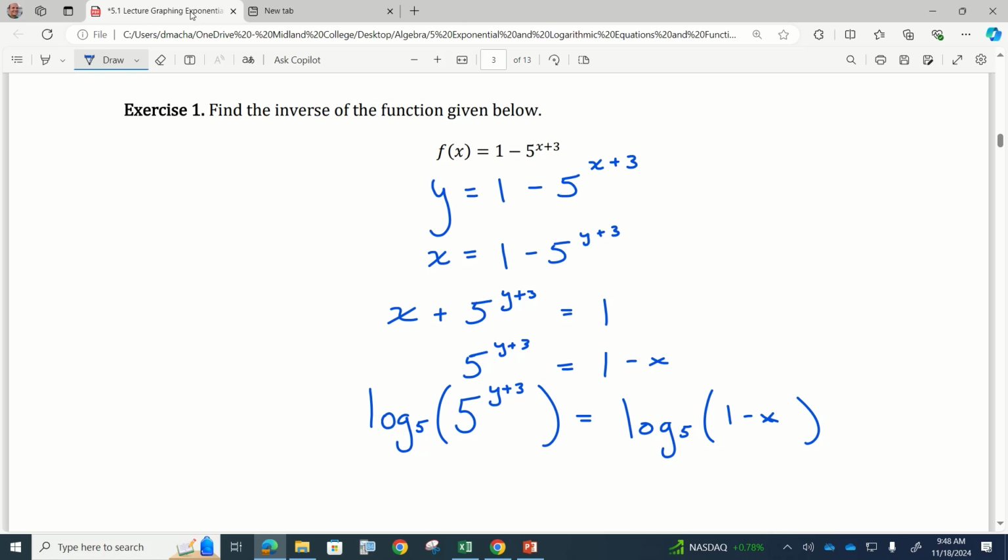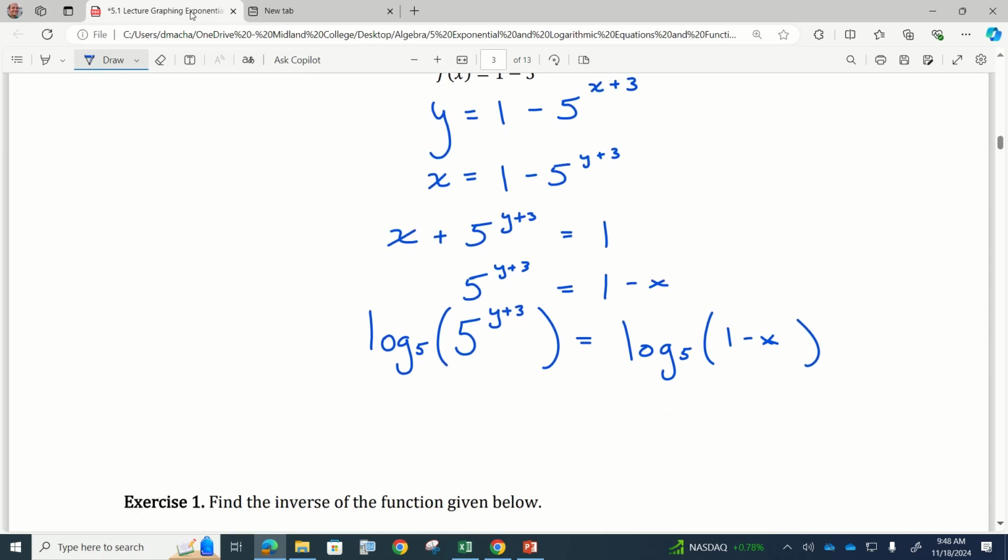Now, the reason I want to do this is because on the left side of the equation, when I compose the logarithm base 5 with the exponent base 5, they cancel out because they're inverse functions. And so the left side of the equation simplifies to y plus 3. Yeah, very good.